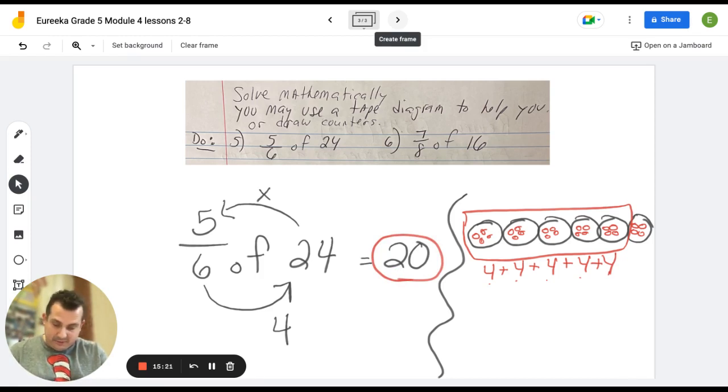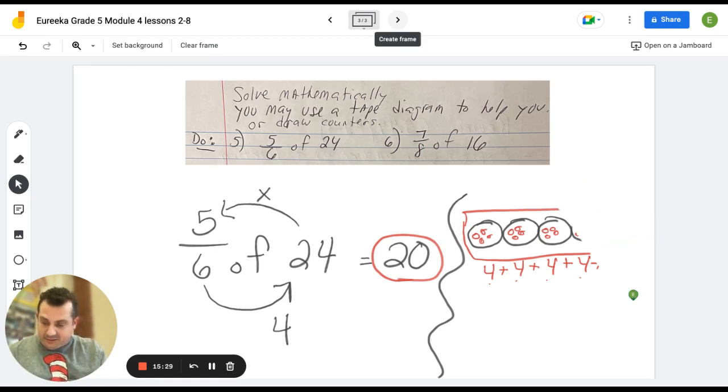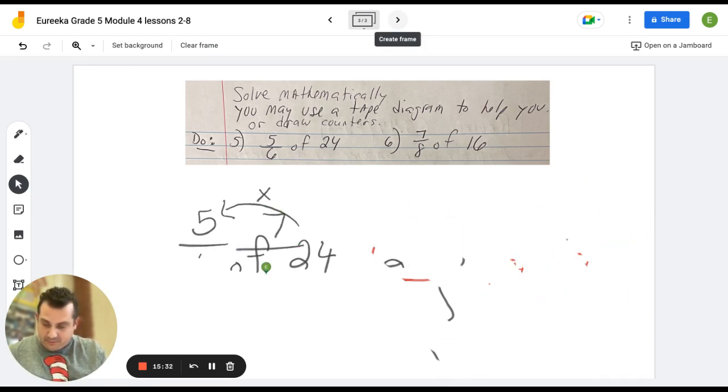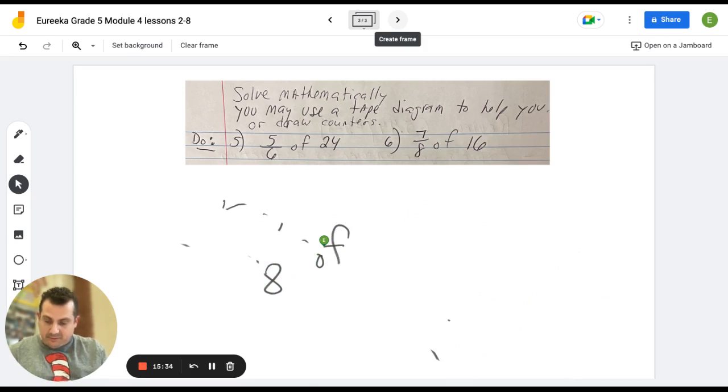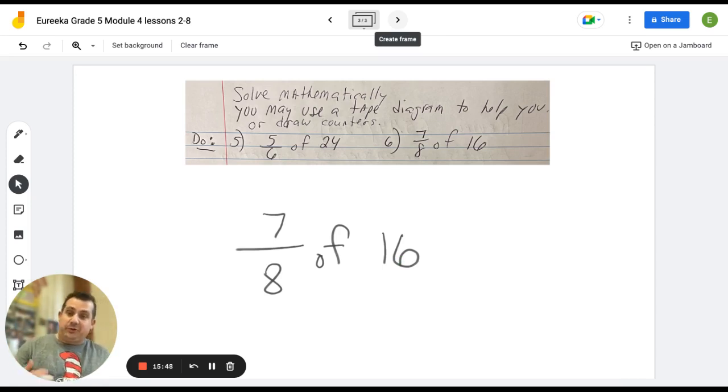And last, 7/8 of 16. Okay, so 7/8 of 16. You'll see these numbers are very friendly. So we could do 7/8. You could draw your 8 groups and give out all 16 until you have none left, and count how many counters are in 7 groups.